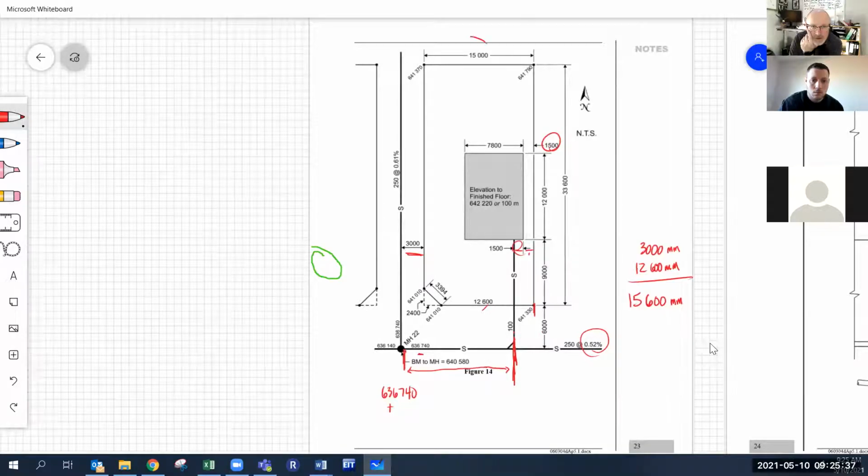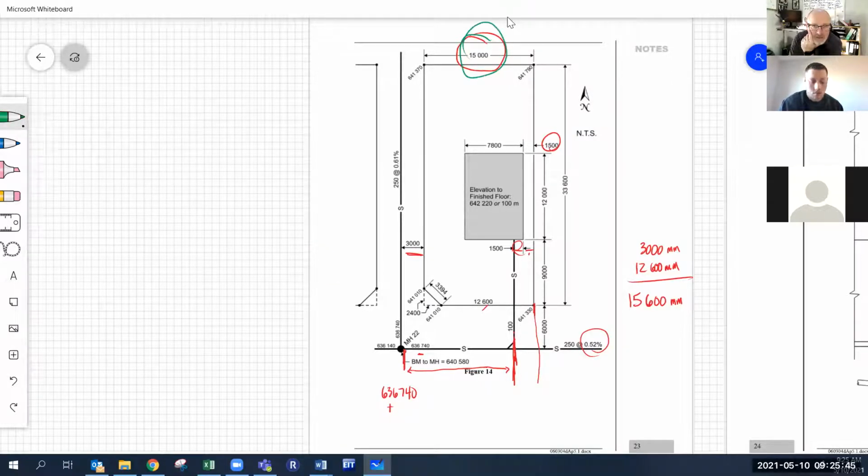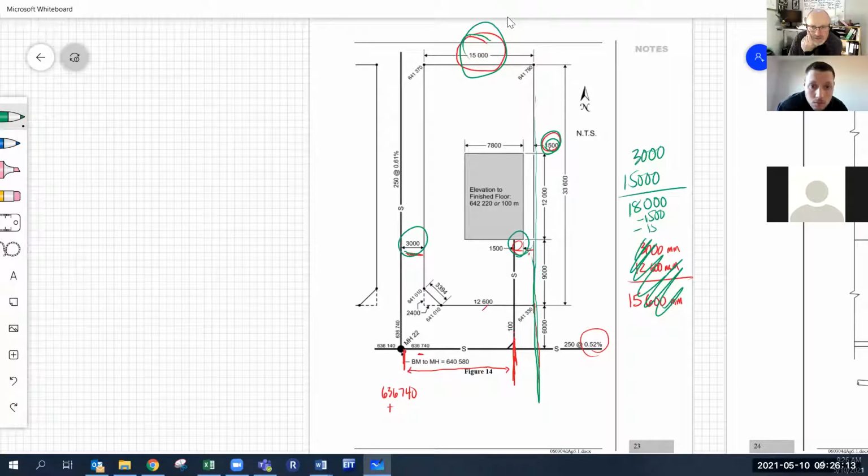Okay, let me just go up here. Look at this number, 1,500 to right there. So let me just put in a different color. Up here, you see 15,000? That is to that line right there. That's the moneymaker. Okay, so we have 3,000 and 15,000. So let's take this off. We have 3,000 and 15,000 to make 18,000. And then I have to minus off this, which is 15, and I have to minus off this, which is 15, which is 3,000.